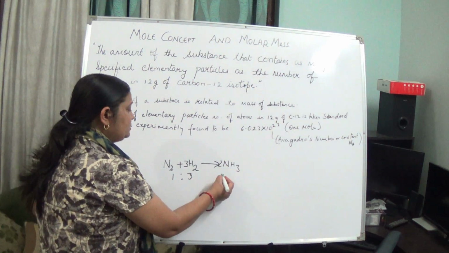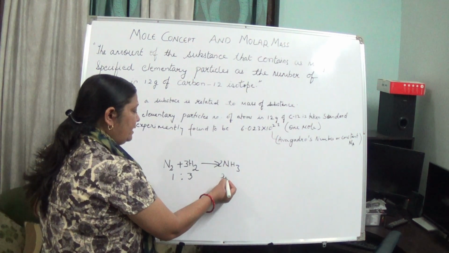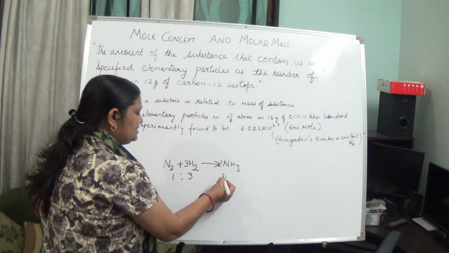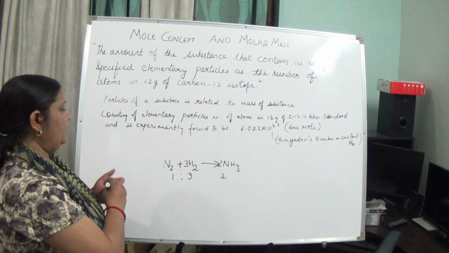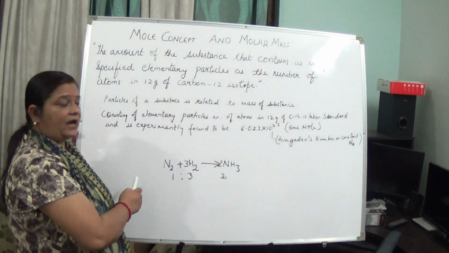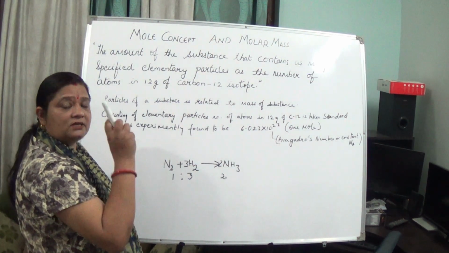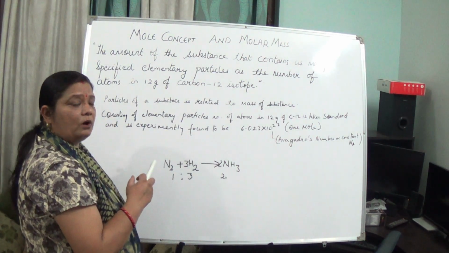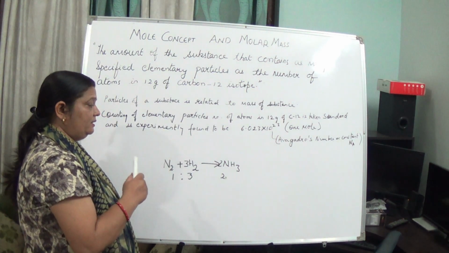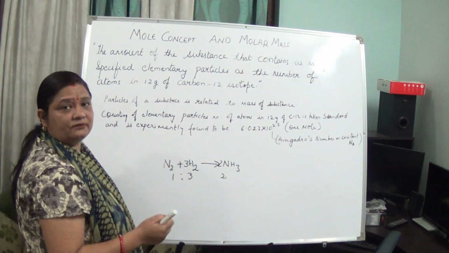In order to calculate this, it becomes difficult. Why? Because in the atomic form, the size of atoms is very small, so the mass is also very small, and calculation becomes difficult.